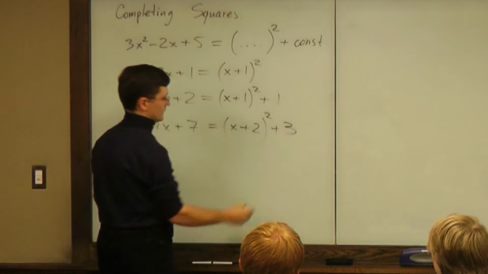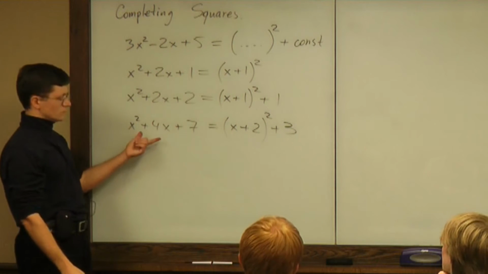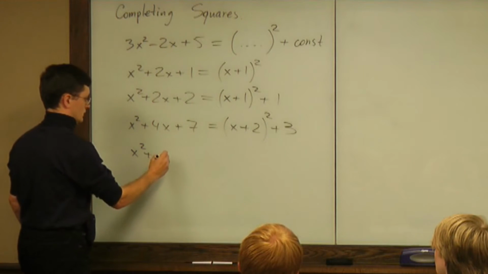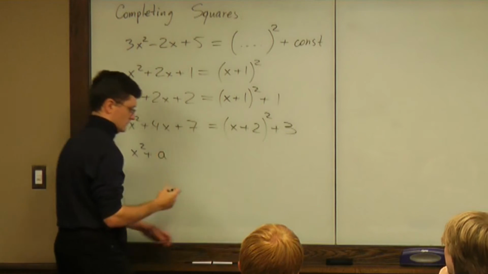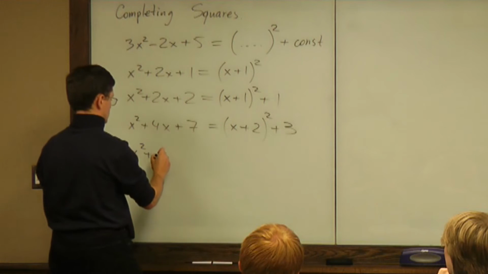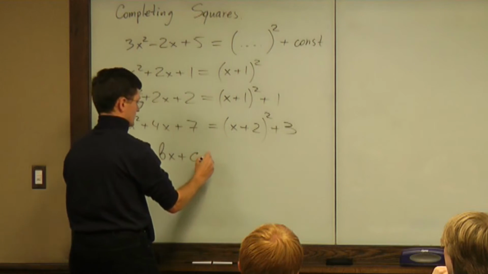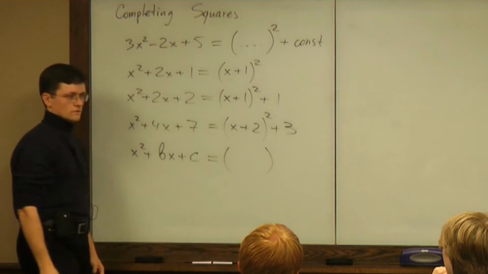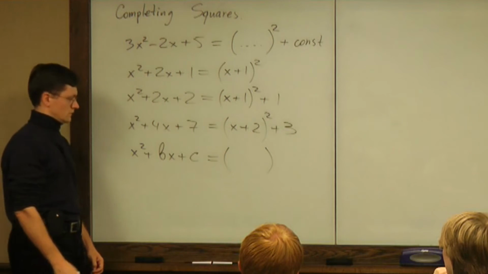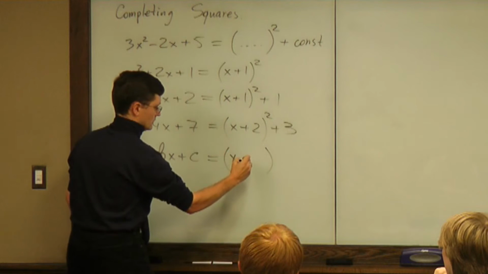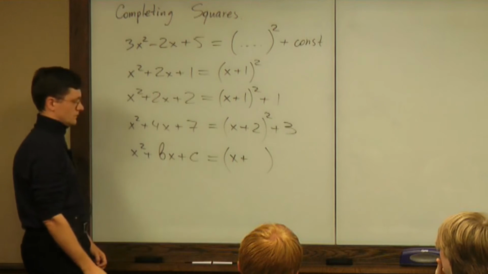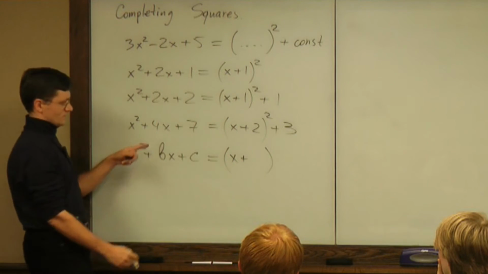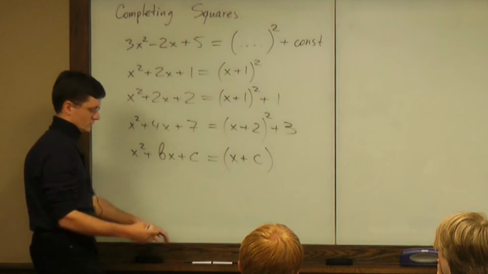Plus 3. So now think about how do you do that? Can you do x squared plus bx plus c? Can you do it in general? x plus what? No, it's not c, right?